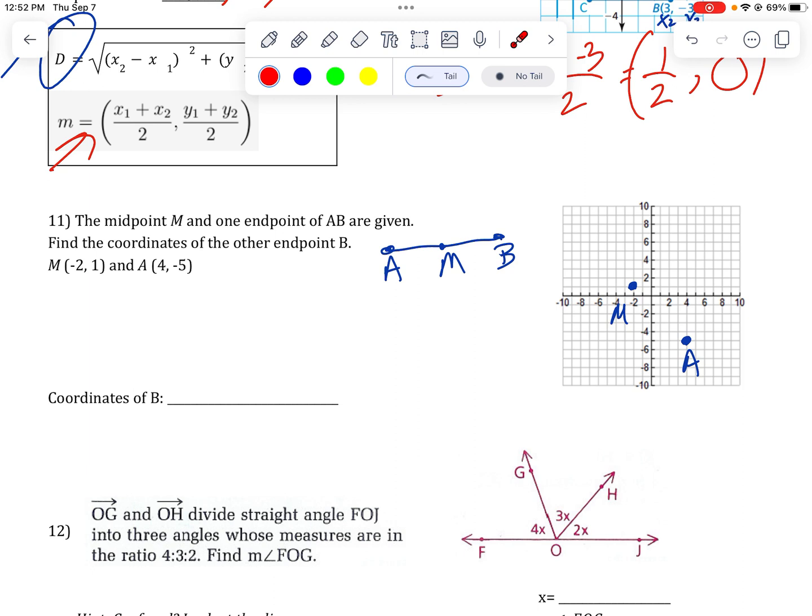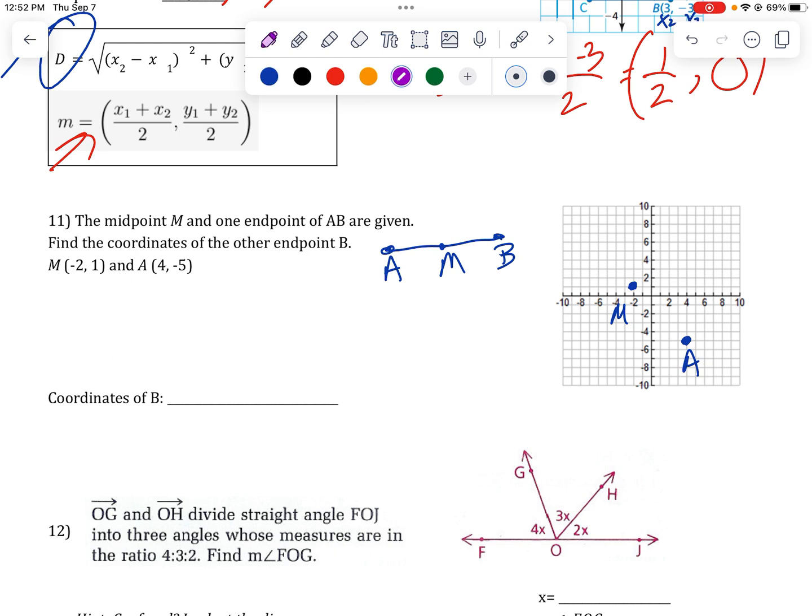It would make more sense for that point to be up here, because that segment, if M is the midpoint, is going to continue somewhere up there. It doesn't make sense for that to be down here, not because it's off the graph, but because if I drew it down there, then M would not actually be the midpoint, A would be the midpoint. And your direction said that M is in the middle.